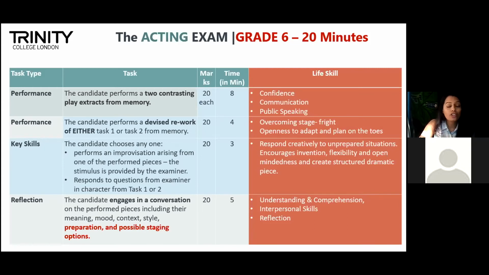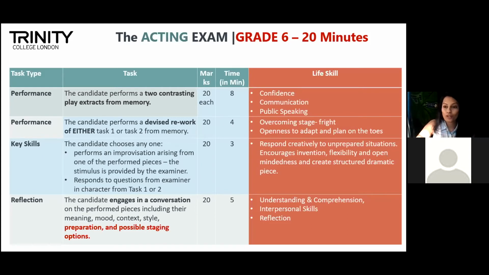But which task to go for improvisation and which character to go for in a hot seating would be chosen by the examiner. So do not get the two confused. The candidate can definitely choose whether they want to go for improvisation or hot seating, but the examiner will choose what improvisation is to be given and what character should be portrayed for the hot seating task.